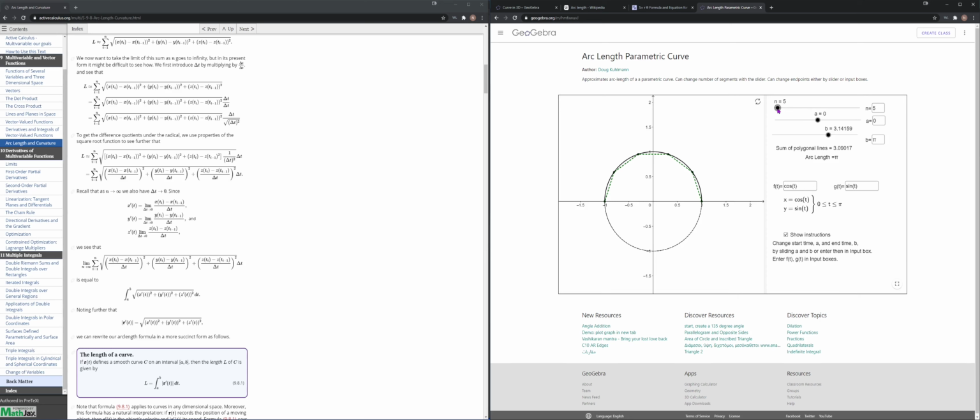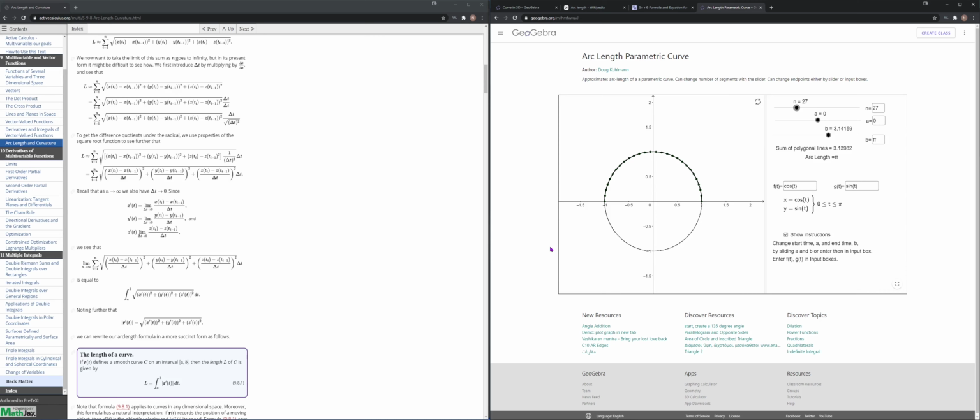So n equal to 5 gives you a better approximation, n equal to 7 gives you a better approximation. Notice what I'm doing is increasing the n. n equal to 10 will give you a good approximation. When the n increases, effectively you're really just getting the actual arc length.